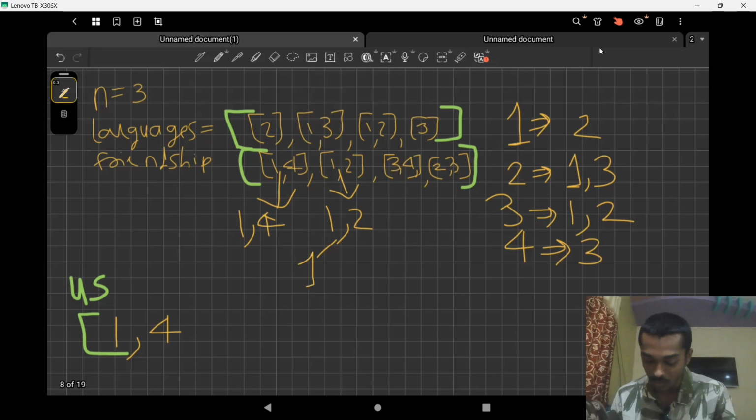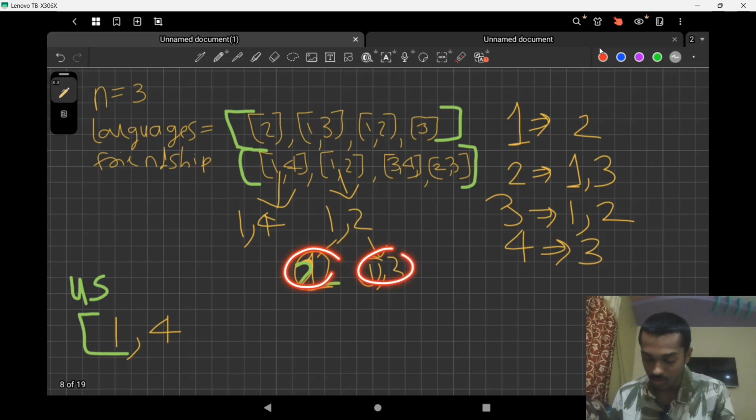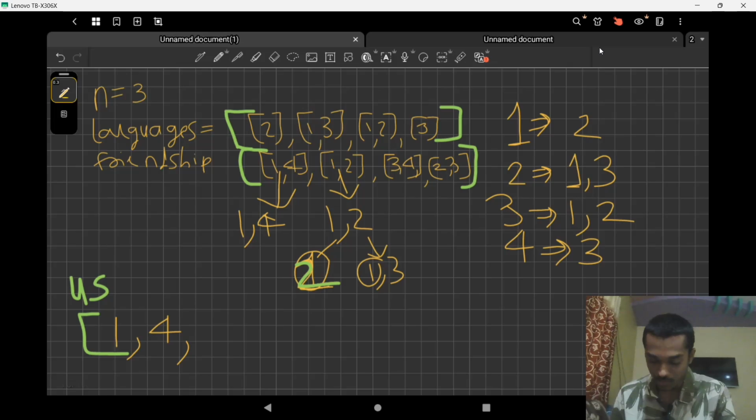One knows language 2 and 2 knows languages 1 and 3, so there is no common language between them. So they are also unsatisfied users, and user 2 is also added to our unsatisfied users.